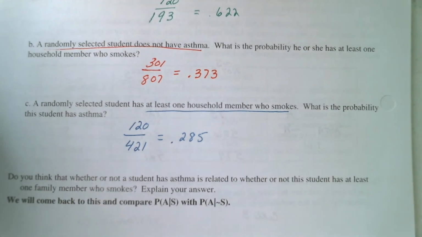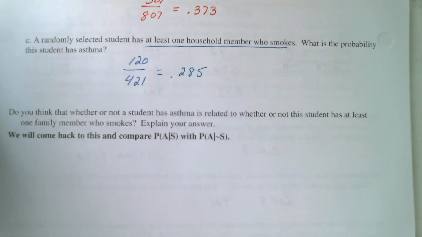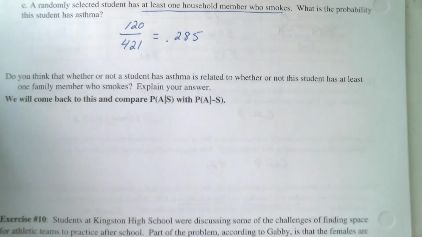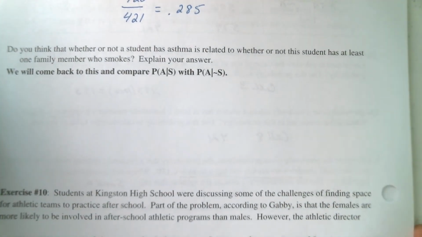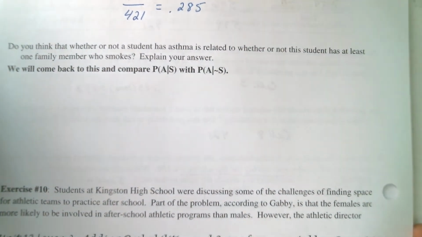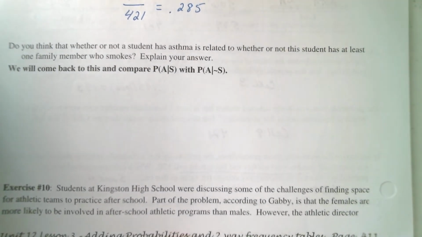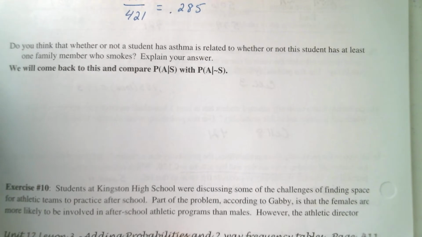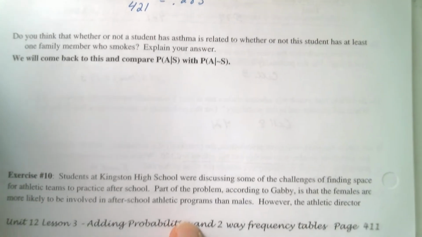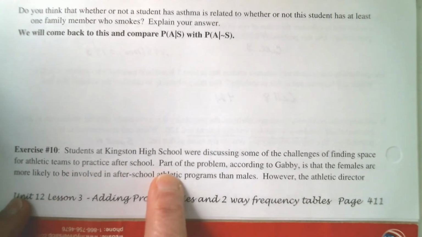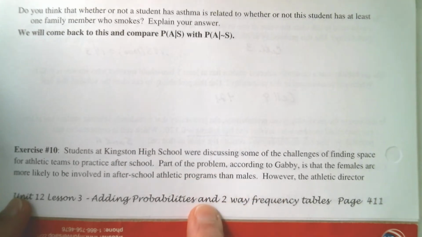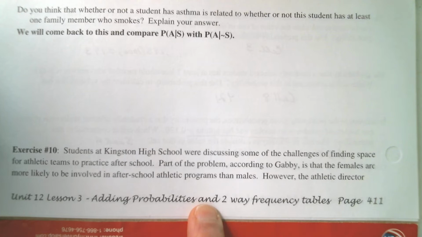Okay, now unfortunately, the next exercise, there's a little misalignment on the pages here, so exercise 10 starts here, but I think most of the important information will be on the next page. So students at Kingston High School were discussing some of the challenges of finding space for athletic teams to practice after school.